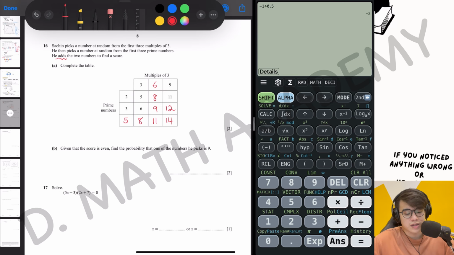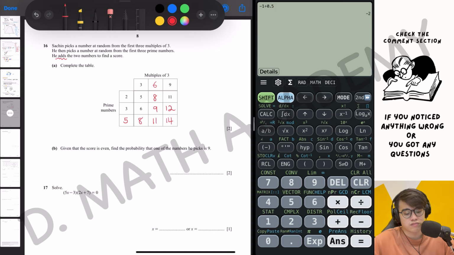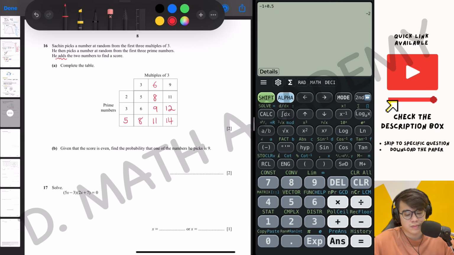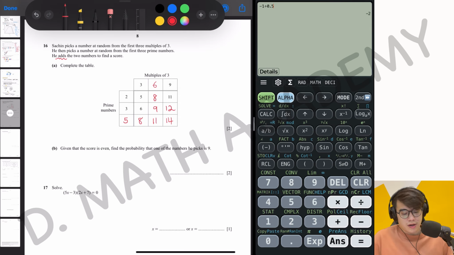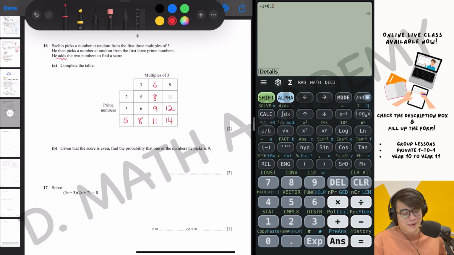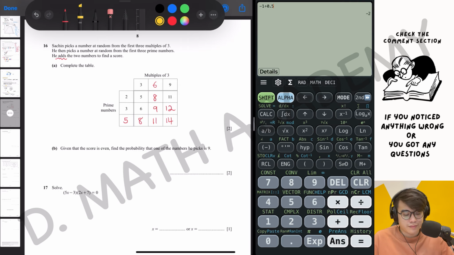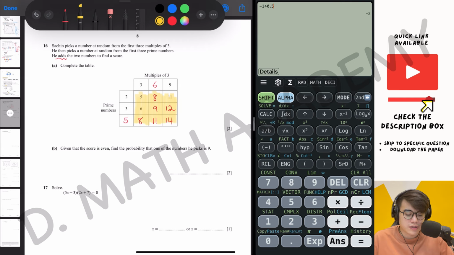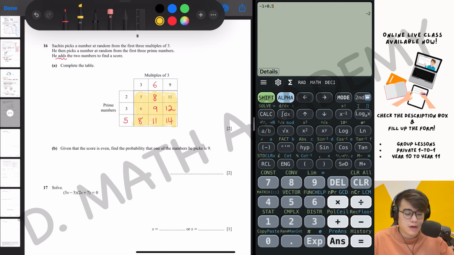And then given that the score is even, find the probability that one of the numbers he picked is 9. Okay, I think I understand what they meant already. From the list that we have here, remember, at the center here are all the scores that they got.